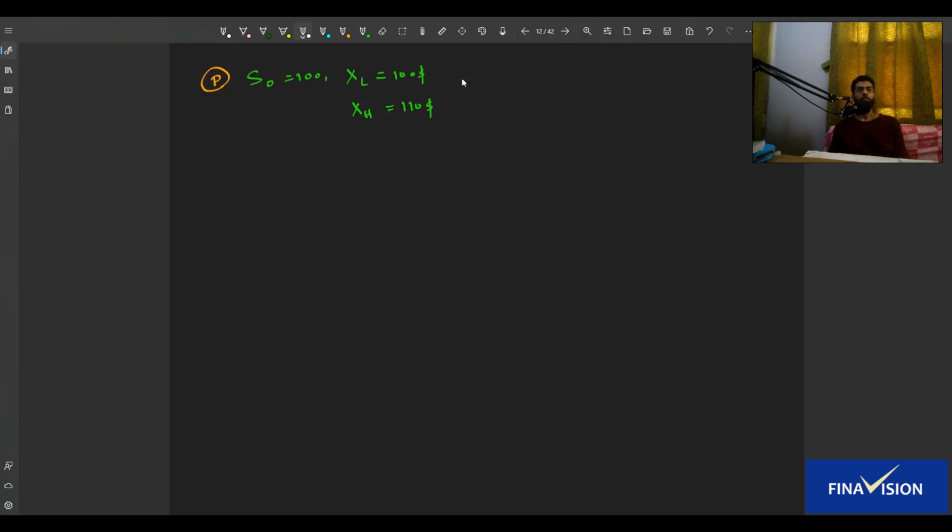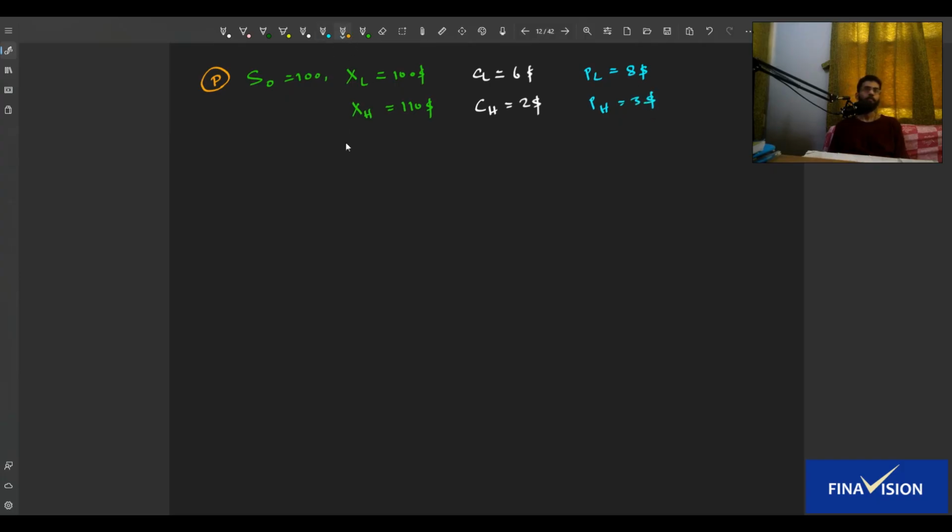Premium for the lower strike call is, let's say, $6. Premium for the higher strike call is, let's say, $2. And premium for the lower strike put is, let's say, $8, and premium for the higher strike put is, let's say, $3.